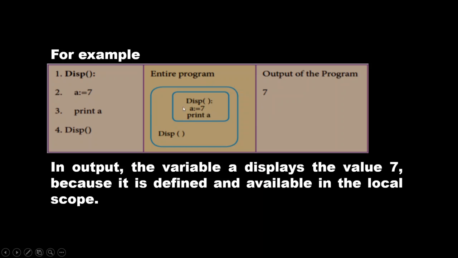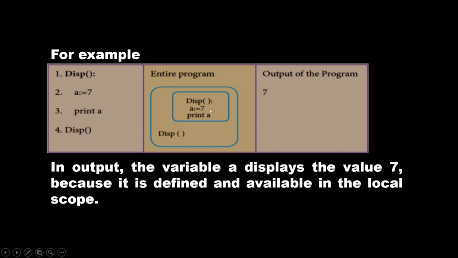Within the innermost part we have declared a is equal to 7. So this is the local variable.